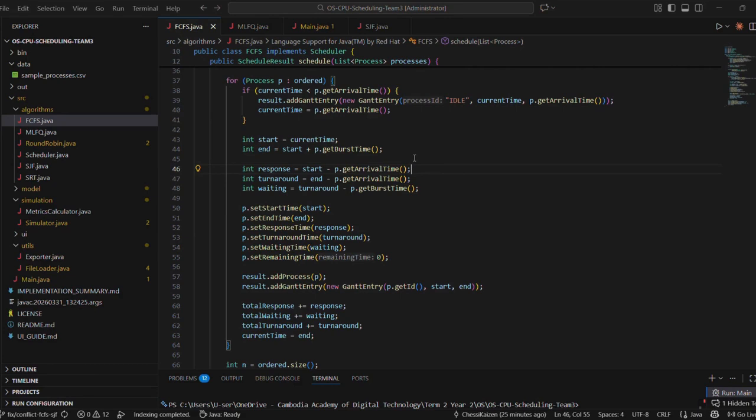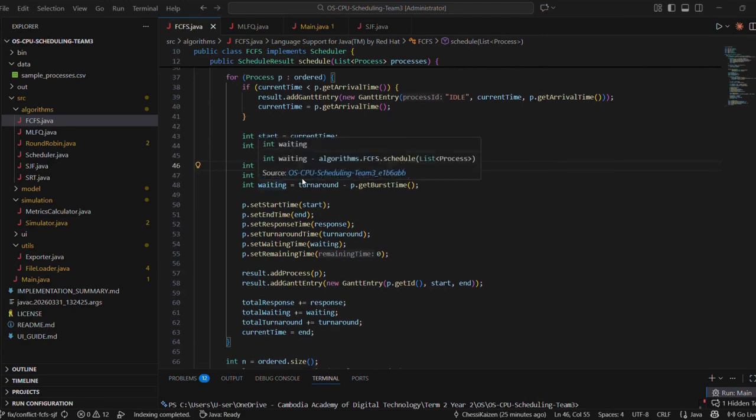It is the time between the starting point and the time when the process is in the ready queue. So here's how we calculate it, with the starting time and the time it is ready in the waiting queue. And then we have the turnaround time.